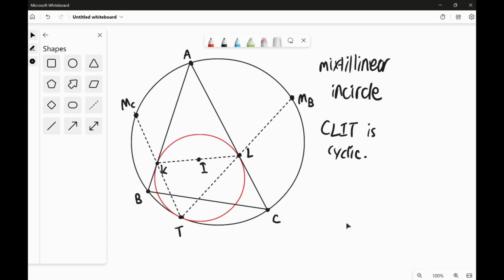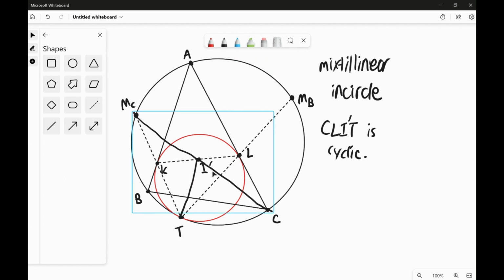In order to prove this, to make things a bit easier for us, we're just going to go ahead and let I prime be the intersection of CMC, which is thus the angle bisector, and line LK. And we wish to show that I prime is the incenter. And we're going to do this by showing that CLI prime T is instead cyclic. So I'll go ahead and draw this line.